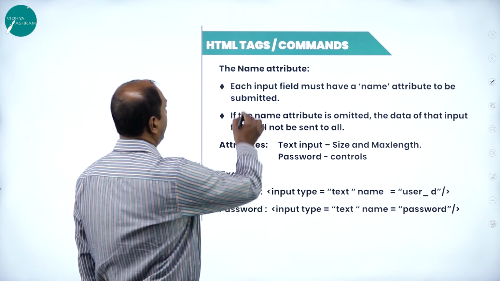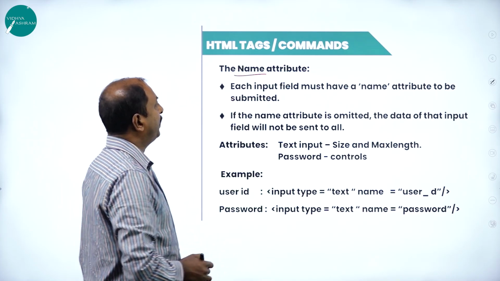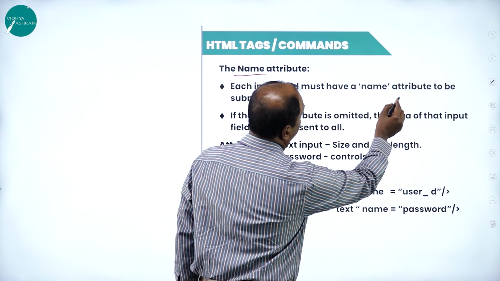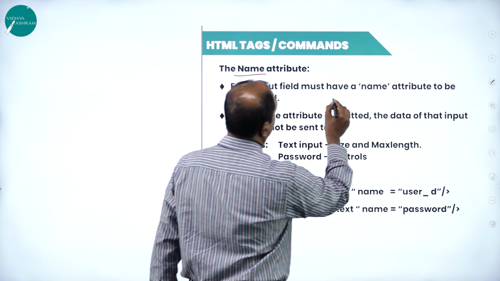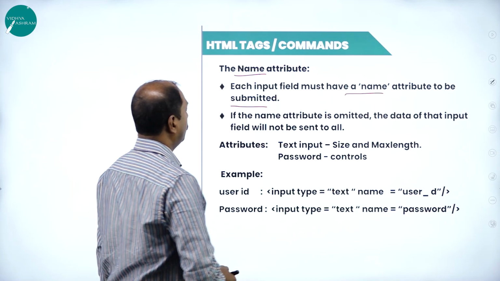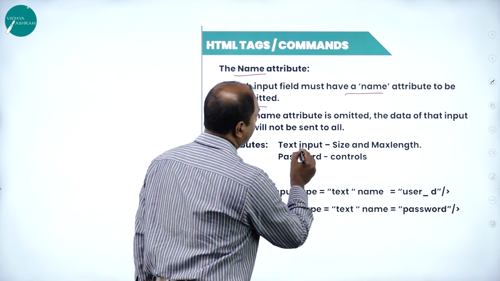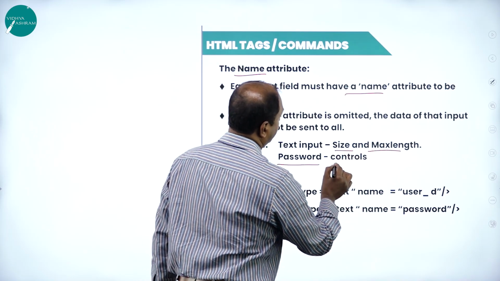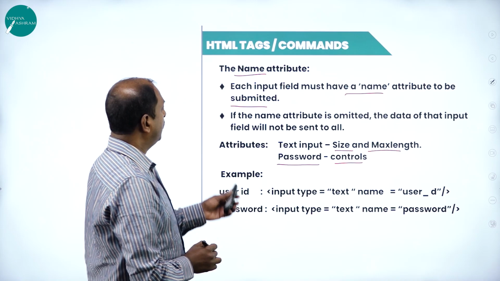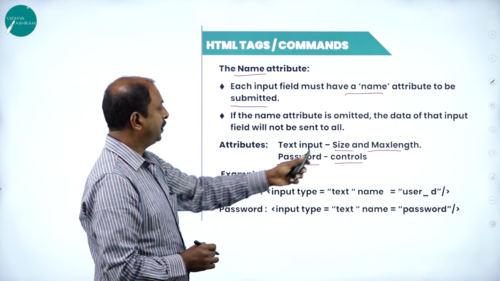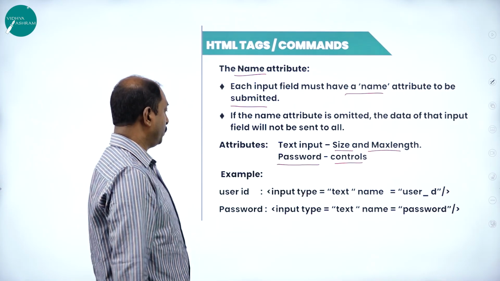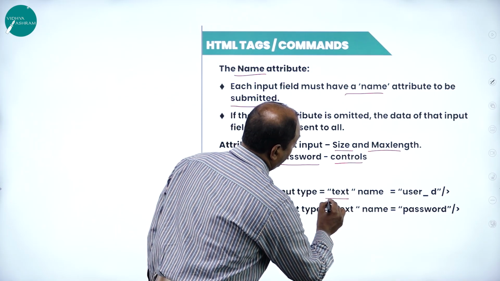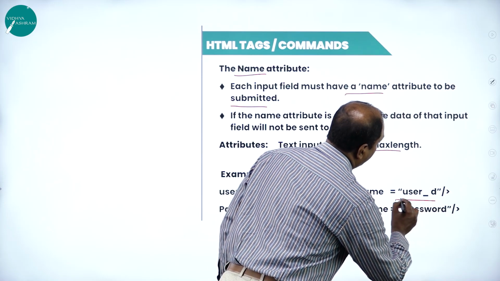Next one is the name attribute. Here each input field must have a name attribute to be submitted. Look at the example here: text input, size and maximum length, and password are controls. For example, input type equals text and name equals userID.